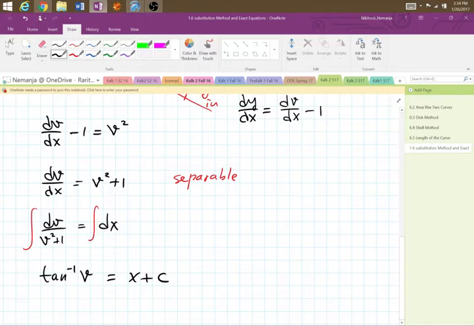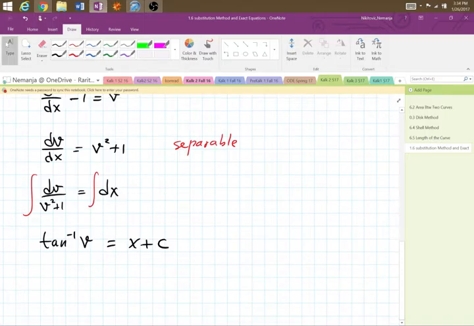X plus c. So now you can go back and plug in what v was, which is inverse tangent of x plus y plus 3, equals x plus c.